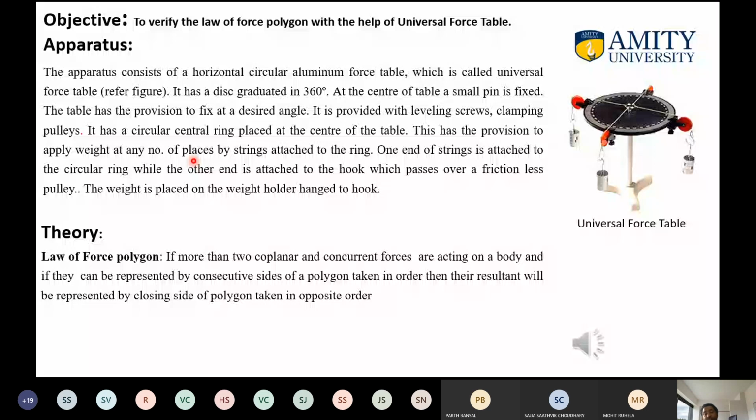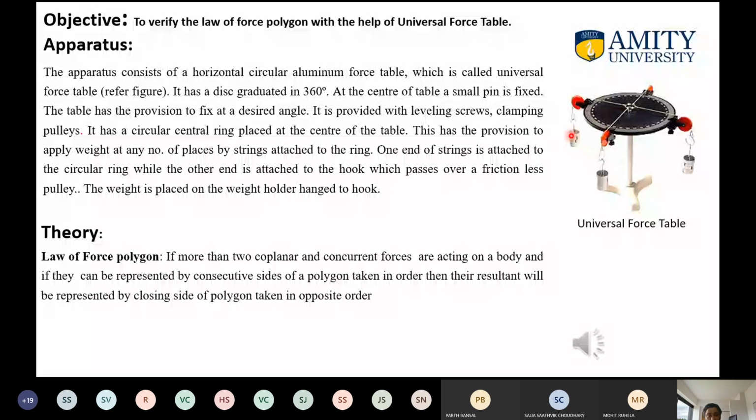One end of the string is attached to the circular ring. You can see here, this is the thread. One end is attached to the ring, and the other end of the thread is attached to these weights. Similarly, one end of the thread is attached to this ring, and the other end is attached here with the weights.